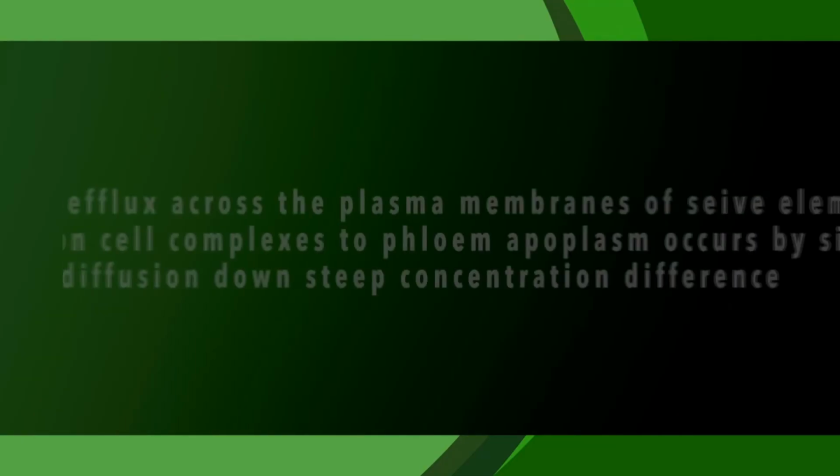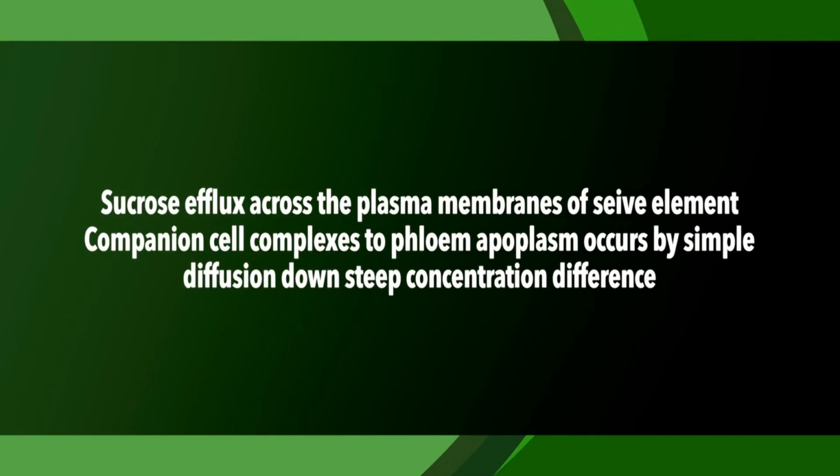Although possibly equivocal, studies with stem segments, intact stems, and isolated vascular strands led to the conclusion that sucrose efflux across the plasma membranes of sieve element companion cell complexes to the phloem epiplasm occurs by simple diffusion down a steep concentration difference.